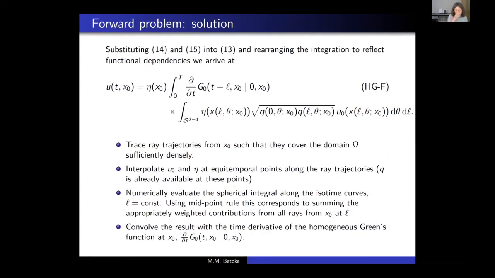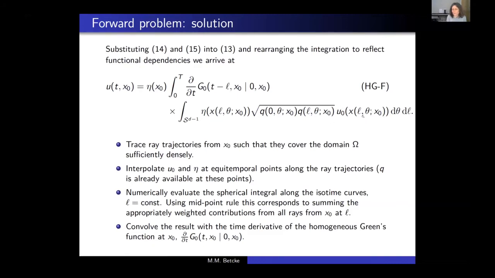Okay, so now I have this formula here that is expressed in terms of these quantities, and I can calculate them all. I can calculate the speed of sound; I have to reinterpolate the speed of sound, or the inverse speed of sound, along the ray trajectories. My Q's, which is the determinant, is something that I evaluate along the rays anyway, so I have this available.